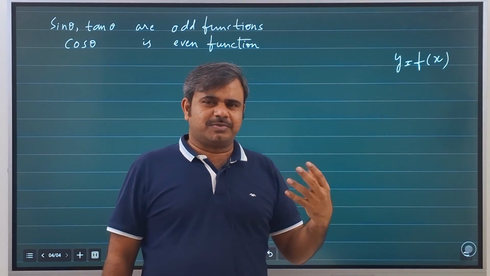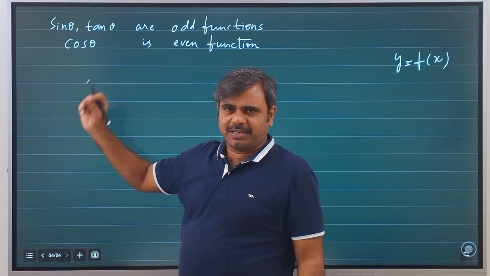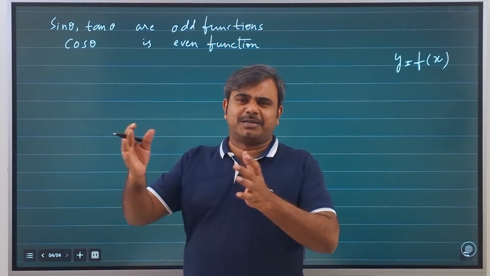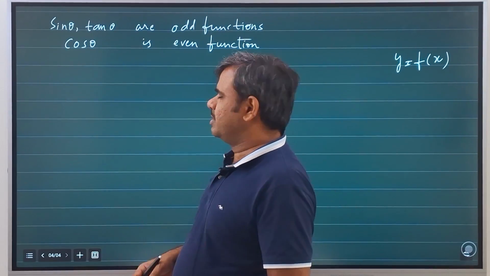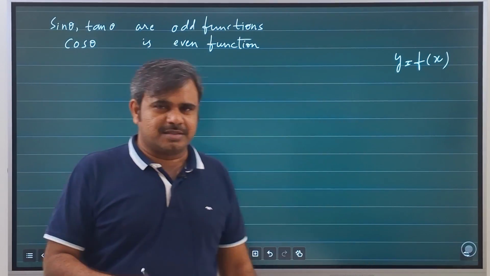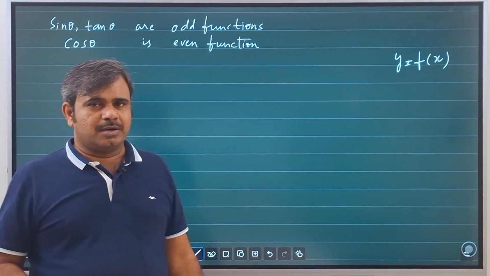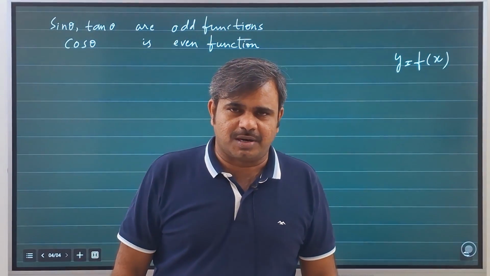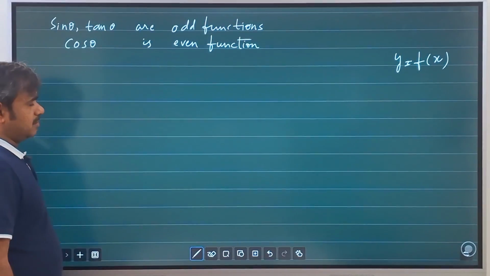Y changes when x changes. Here sine theta is ratio of sides. Ratio of sides depends on theta. When theta changes, sine theta changes. Similarly, cos theta and tan theta. So sine theta, cos theta and tan theta are functions of an angle inside a right angled triangle.